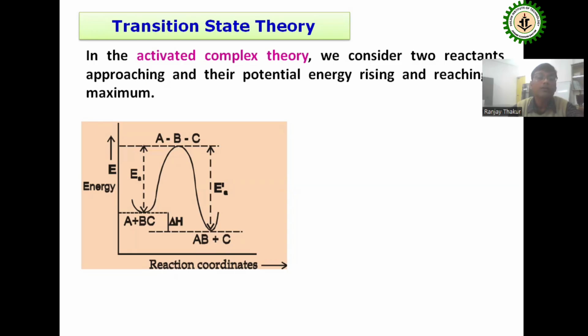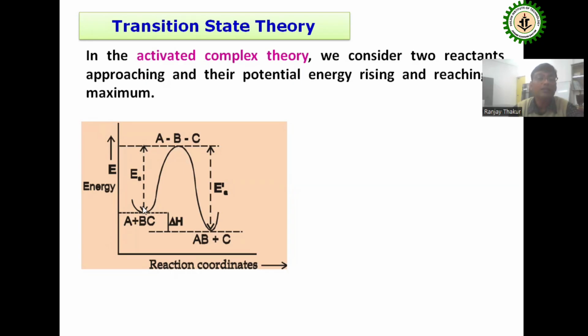Once it reaches the threshold and crosses this layer, it is able to convert into product. From the graph, you can see this A plus BC complex already has its internal energy. Now, this additional energy we are supplying from outside. Once we supply this energy, it is activated and reaches the threshold.